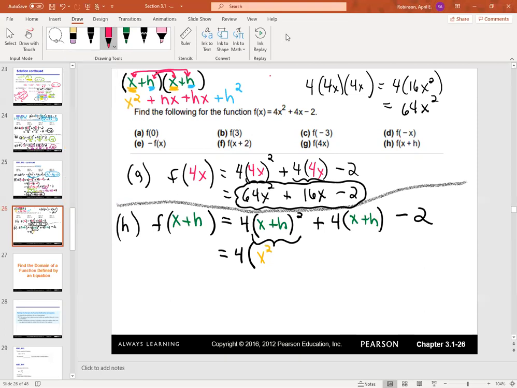My middle term will be plus 2hx. And then my last term will be plus h squared. And then I just use my copying skills for the rest.